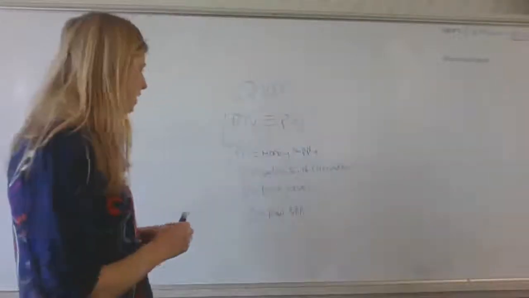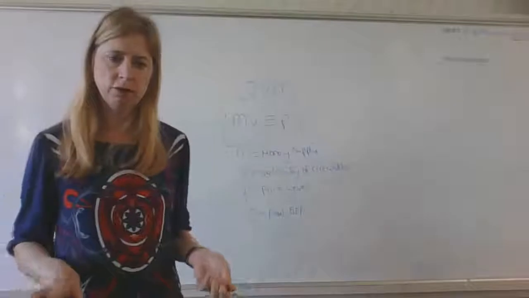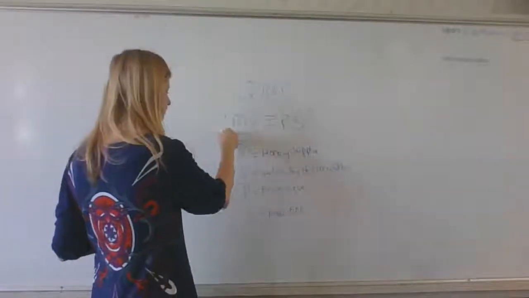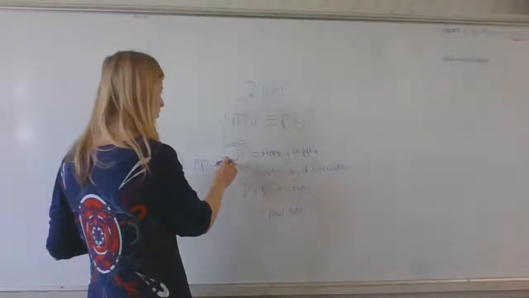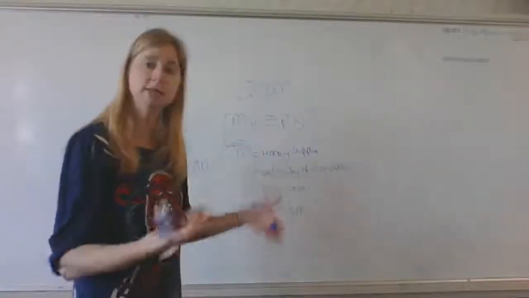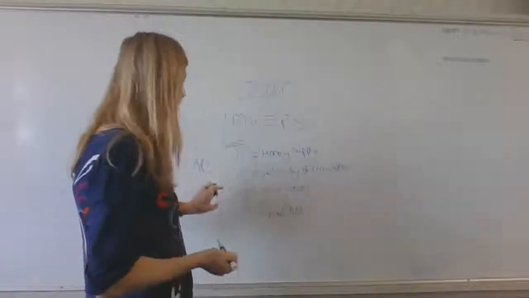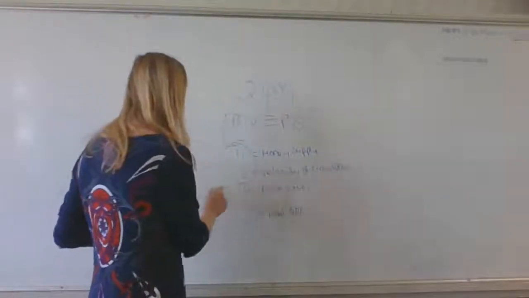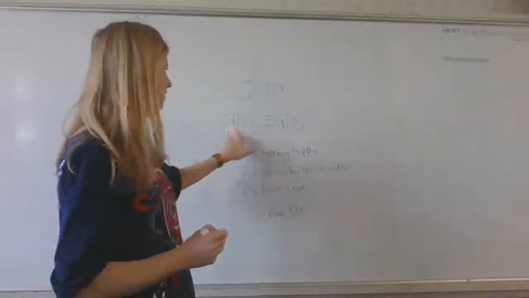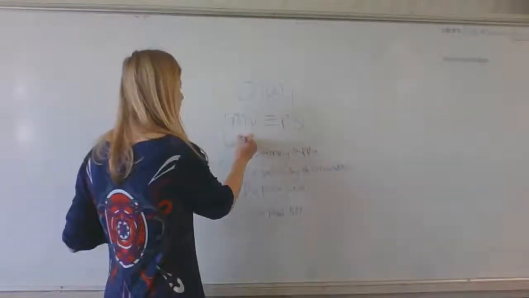I don't know if it's ever occurred to anyone who's looked at this, but this side is AD: the amount of money in circulation times how many times people are spending it. So that's about spending. And this side is about output and production, so that's about AS. It's saying that your AD has to be equal to your AS.